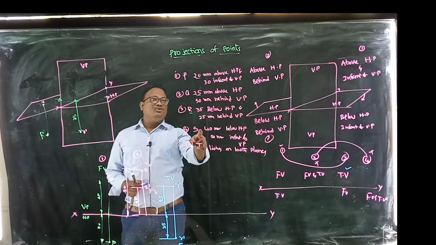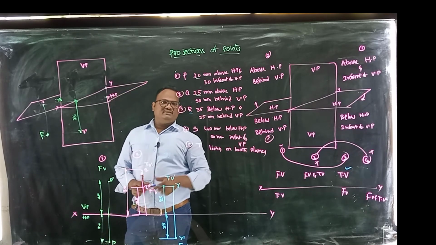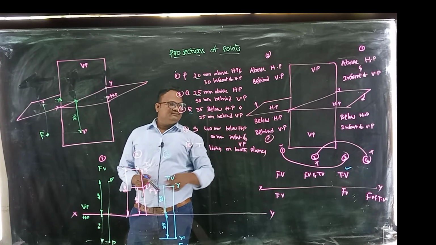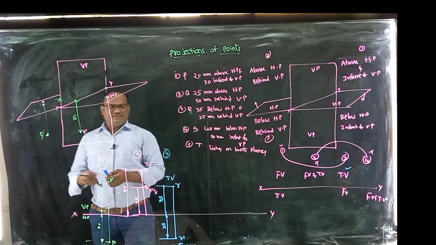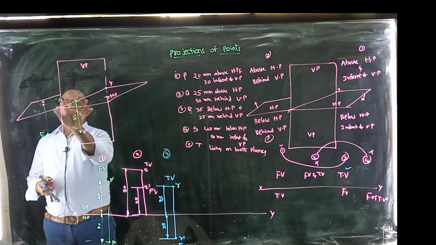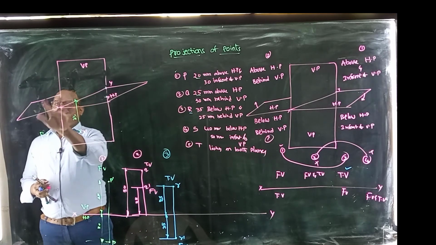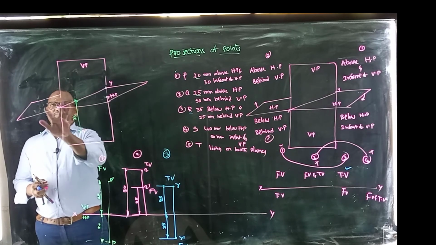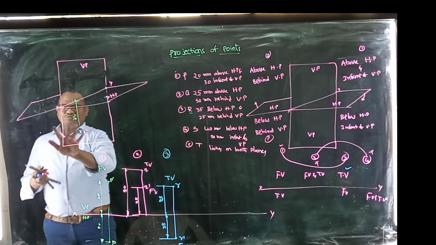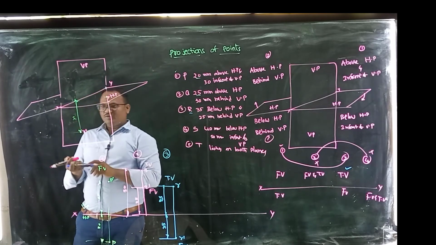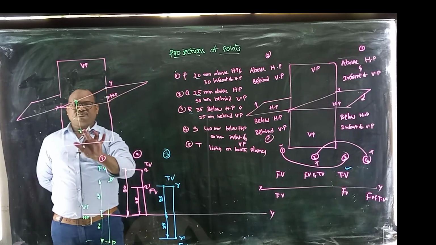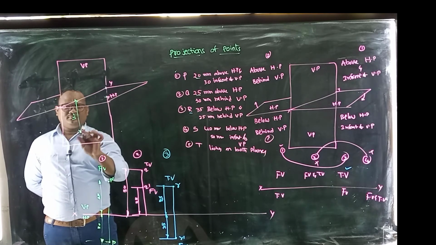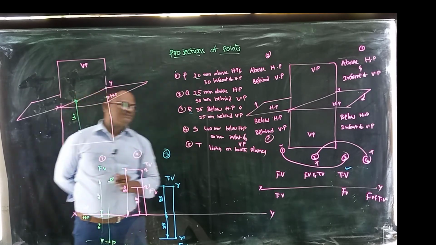Okay, coming to the fourth, a point S is 40 mm below HP and 50 mm in front of VP. 40 mm below HP and 50 mm in front of VP. So if you assume that orientation, 40 mm below HP, this is the 40 mm, we will get one point below HP.